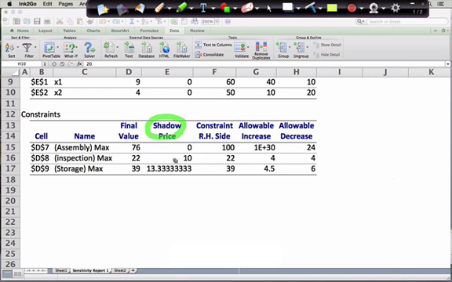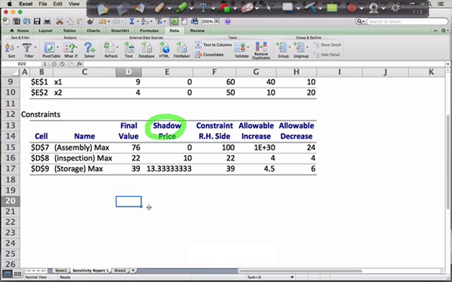So what it means is, so far we used all the inspection hours, 22 hours, so that we get our total profit. What is my total profit here? My total profit is 60 times 9 plus 50 times 4.